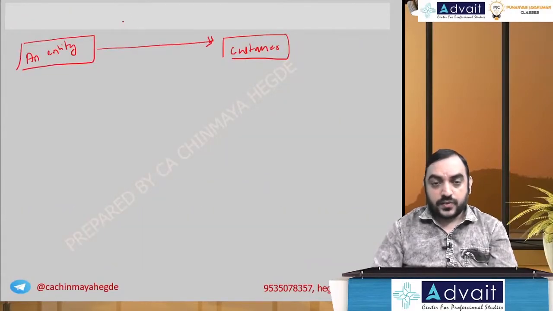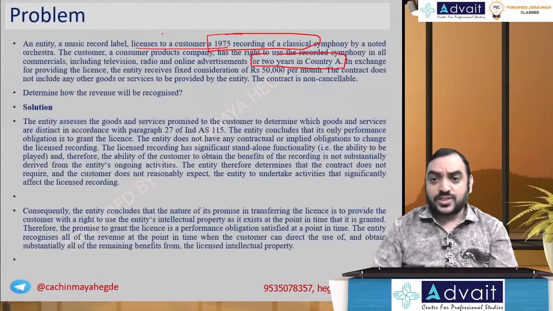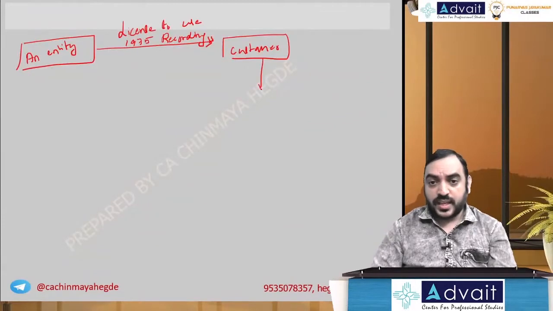License to use a 1975 recording, a long old recording, and the customer has the right to use it in all commercials. They can use it on TV, on radio, in online advertisement.